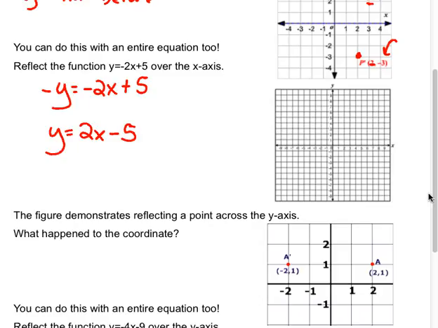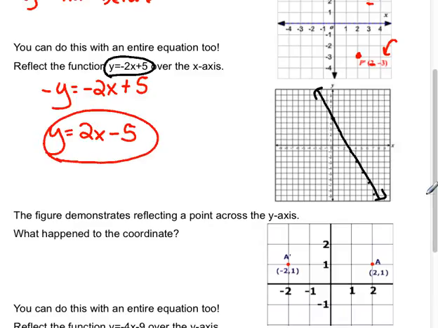Now, I do just want to show you really quickly, graphically, what happens. So this, I'm going to graph in black. So starting up at 5, slope of -2, down 2 over 1. So remembering all of those beautiful graphing skills we spent time covering. And this one I will graph in red.